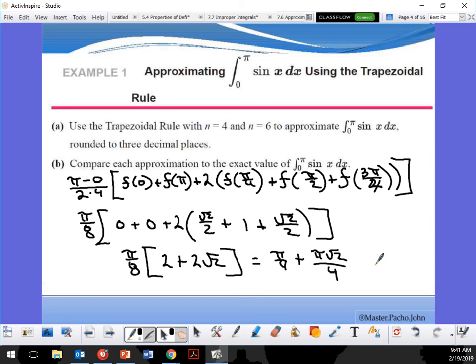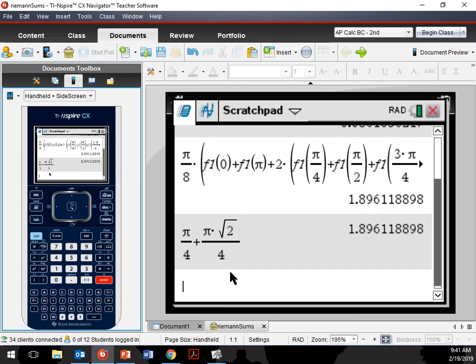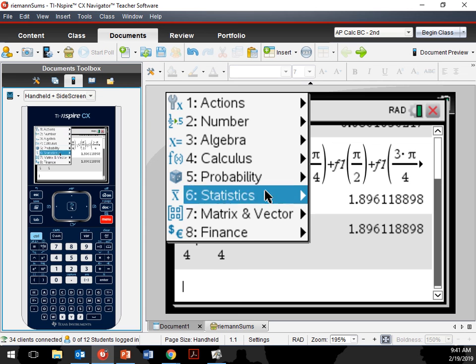I don't like trying to teach you guys the formula. I'd rather teach you guys how to make the formula, and you have to make it yourself each time. And compare that to the exact value. All right, so let me see. Integral from 0 to pi of sine x, what do we get? Should be just 2, right?